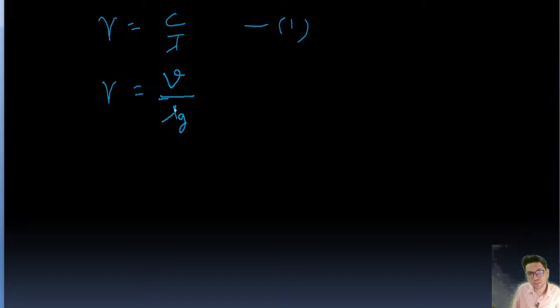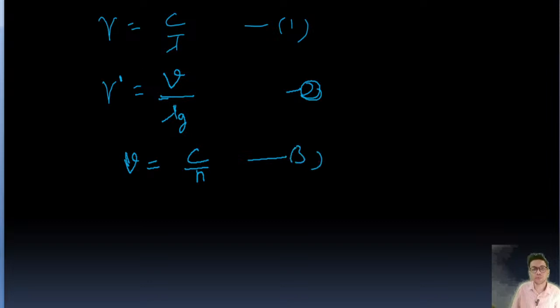For glass, the velocity in glass upon the wavelength of helium neon laser in the glass. This one, equation number 2. And third, we know that value of v, velocity, is C by n. Okay, n is the refractive index.